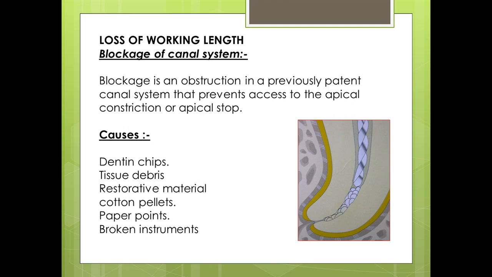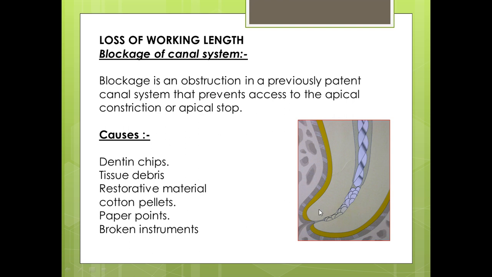Secondary to other endodontic procedural errors like canal blockage, or the formation of ledges, or fractured instruments or instrument separation, this can occur. So secondary to all these common errors, and also because of rapid increase in the file size and accumulation of dentinal debris in the apical third of the canal, there is a loss of working length.